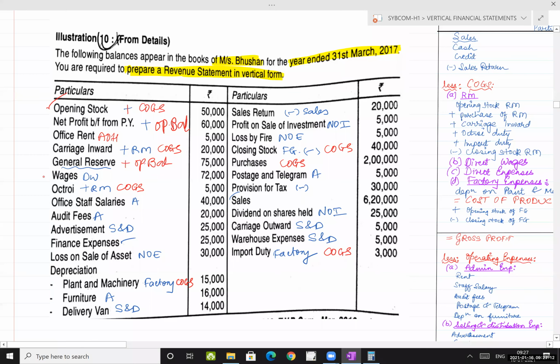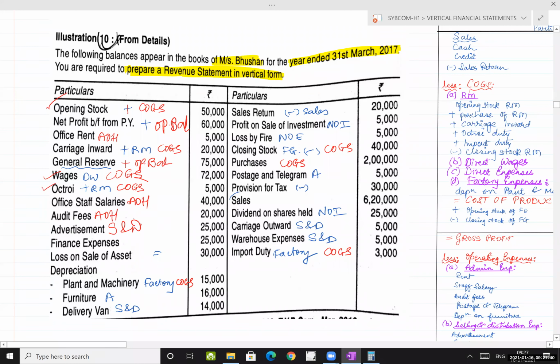Next, wages, direct wages, COGS, octroi duty. It will be added to raw material formula, COGS, office staff salary. Okay, what is that? Sorry, admin overheads. Audit fees, admin overheads.